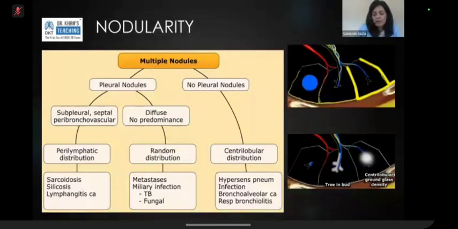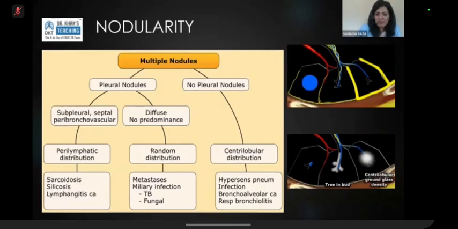Central lobular nodularity can be very subtle to identify, and junior registrars or more inexperienced people often fail to identify the ground glass central lobular nodularity. This happens because it's more commonly in the upper and mid zones. And by the time you're scrolling, you don't really go back to the apices again to look for subtle ground glass nodularity unless you're a thoracic radiologist.